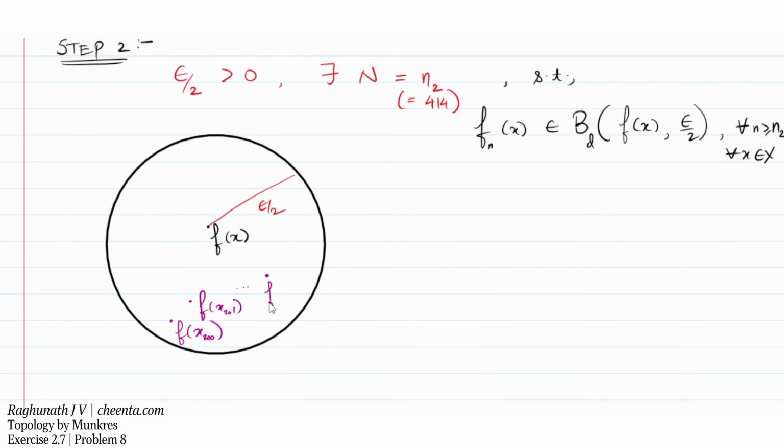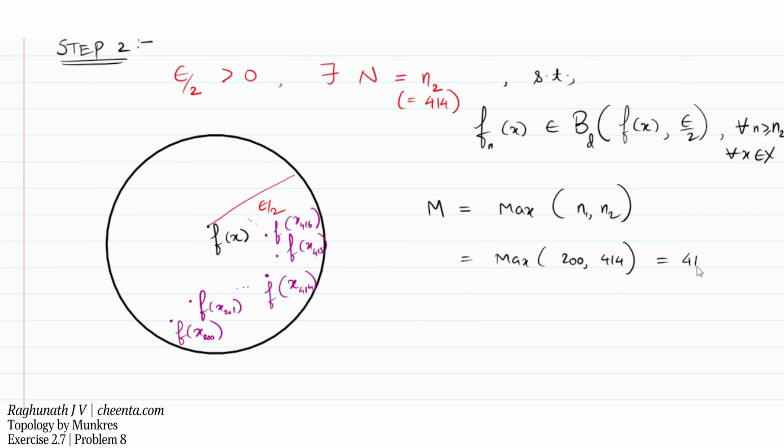There should be this point f414 of x, and f415 of x, and f416 of x and so on. Let us take the value capital M to be the max of n1 comma n2. So here it is the maximum of 200 comma 414, which is 414.